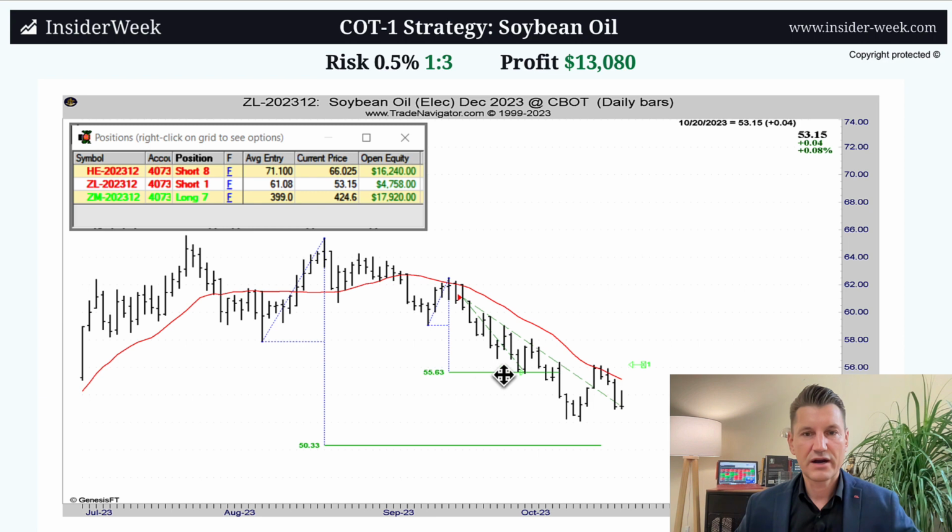At price target 1 to 3, I closed a part of my position and made a profit of $13,080. I'm still in the trade with 1 open contract. My second price target is at 50.33. My stop is in the market, so I move my stop with the trend and wait for my next price target.